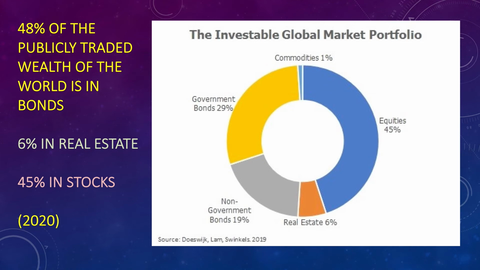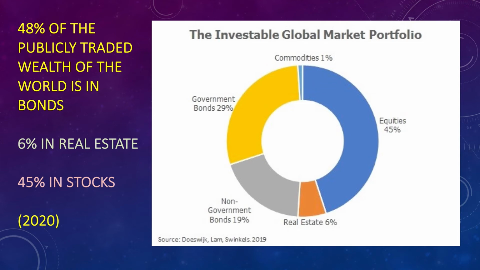And then we have different types of bonds, corporate bonds, 19%, and government bonds, issued by the United States or other countries, which would also include municipalities, states, and towns and the like. Commodities, only 1% of the total portfolio. Commodities being things like futures contracts in oil and gas and agricultural products and precious metals and the like.